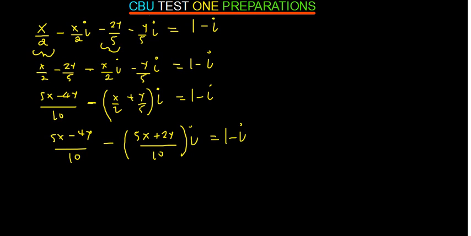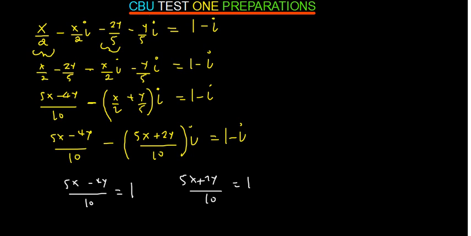And then equate the two sides. So this one doesn't have an i, equate it to 1 which doesn't have an i. So we are going to first say 5x minus 4y over 10 is equal to 1. This is a negative, this is a negative. So equate this one which has an i, just the number in front, that is 5x plus 2y over 10. Equate it with the number in front of the i, that is a 1.